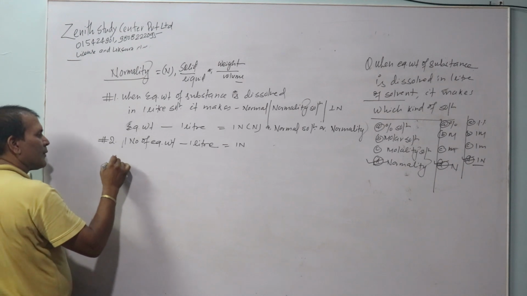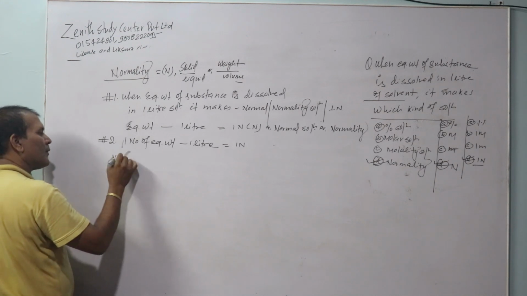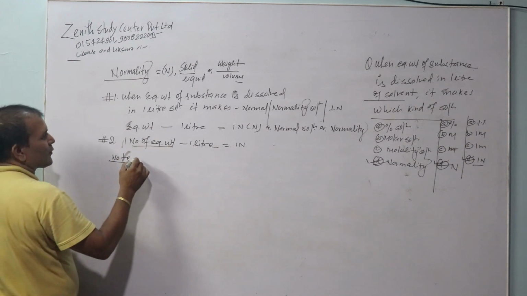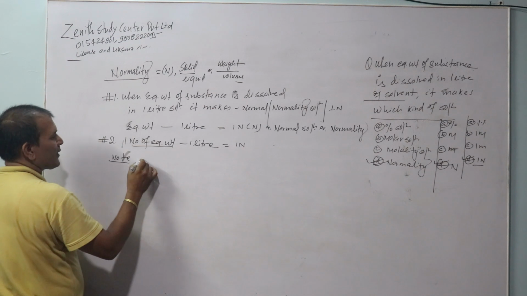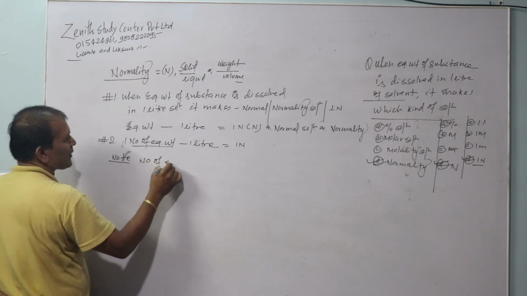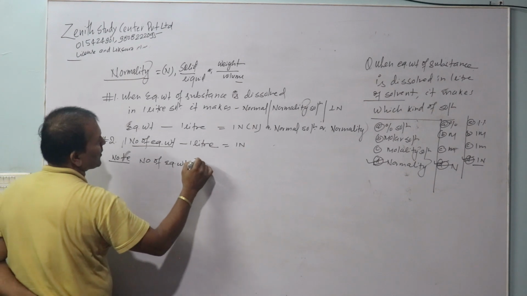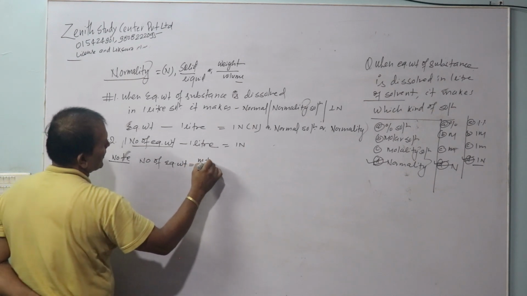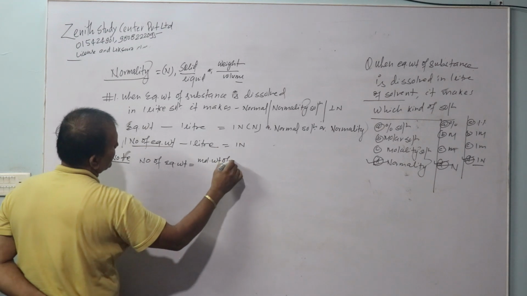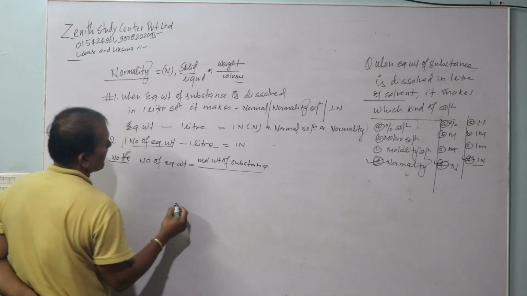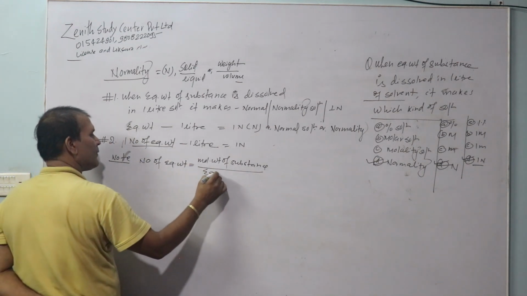So note how we calculate the number of equivalent weights. The number of equivalent weights is defined as the molecular weight of the substance divided by the equivalent weight.